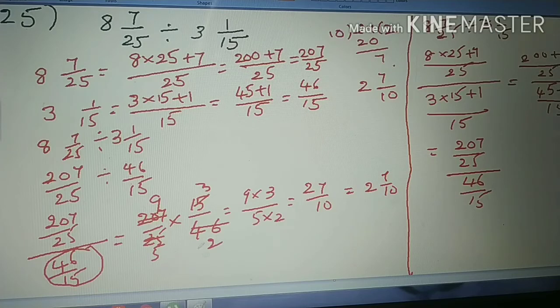As usual you got this one, right? So now 207 by 25 with multiplication symbol, and we write the reciprocal of this one, 15 by 46.